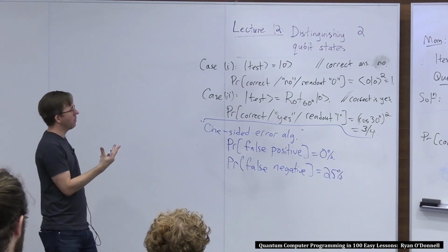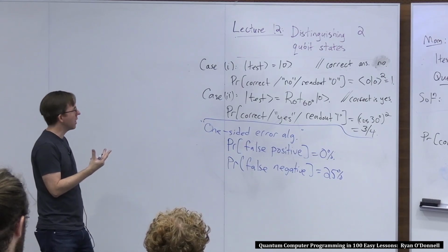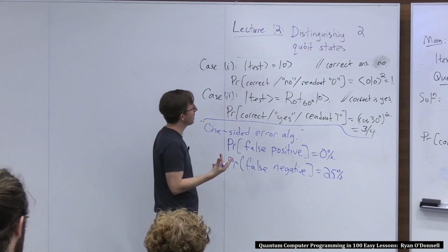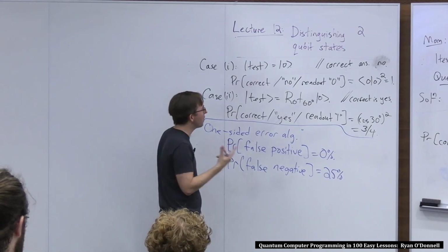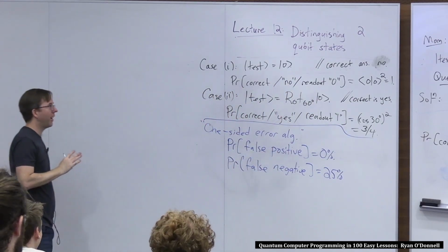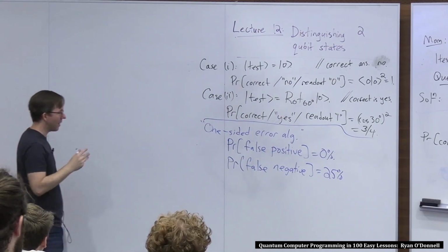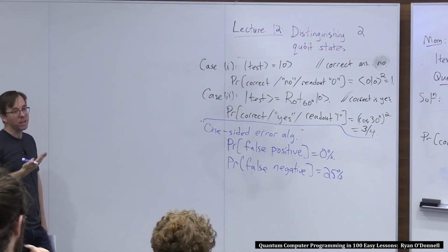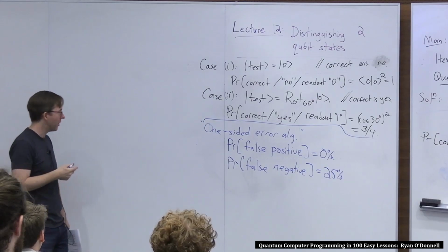Suppose the algorithm outputs yes. You say to yourself, wait a minute, could the true answer actually be no, even though my algorithm output yes? No, because if the true answer is no, this algorithm always outputs no. So that's why it's confusing. I think of it like yes means yes. You see a yes, it's definitely yes. You see your algorithm outputs no, probably it's no, but there's a 25% chance it's yes.